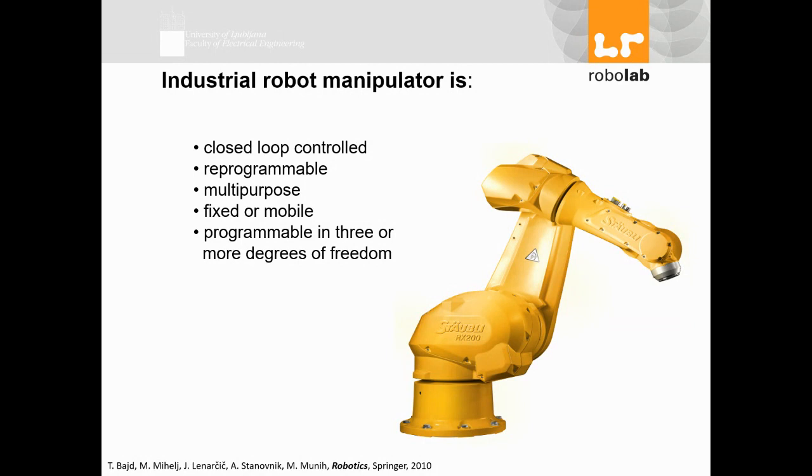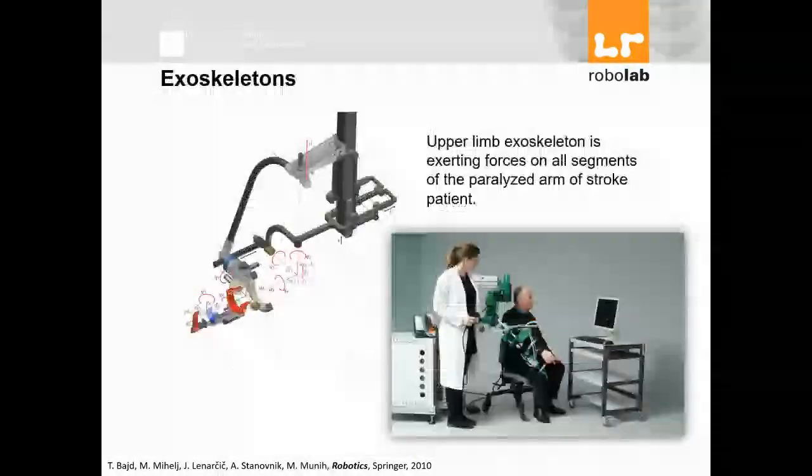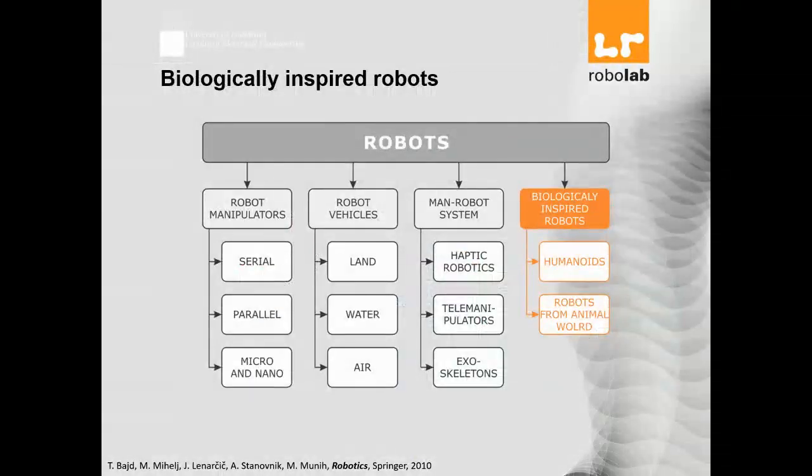All right. Last week we talked about robots in general and different areas of robotic application and categories of applications: applications in manipulators, in vehicles, in man and robot systems, and biologically.